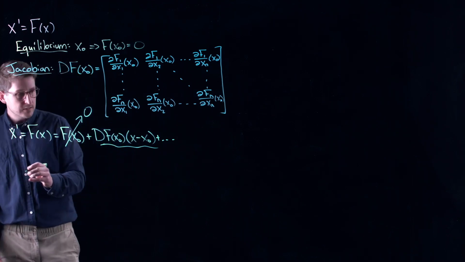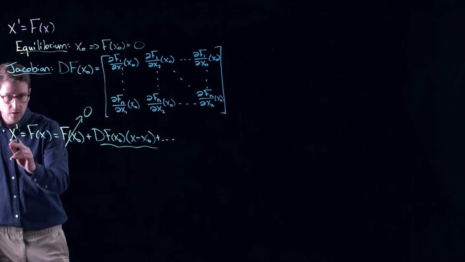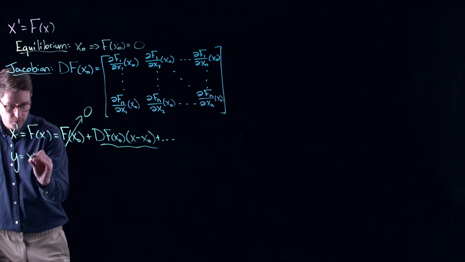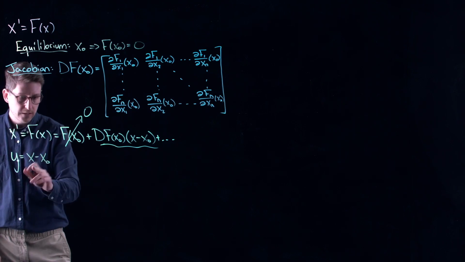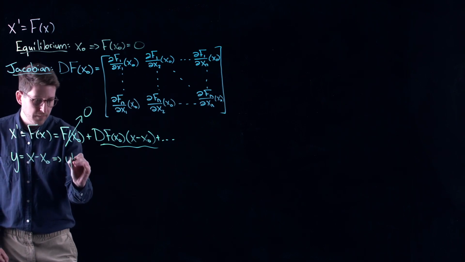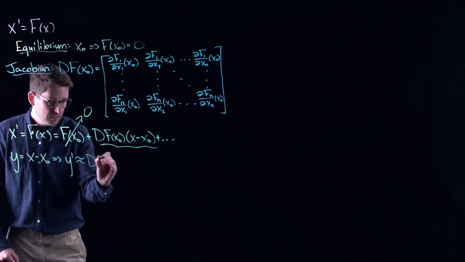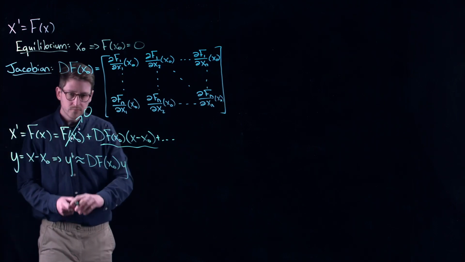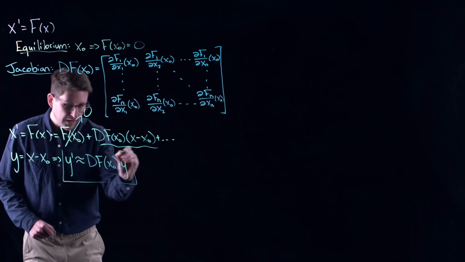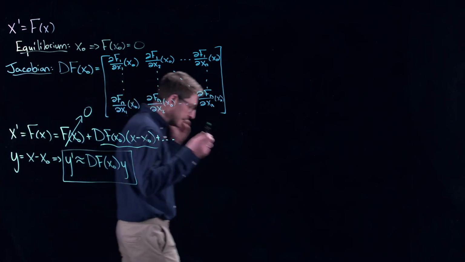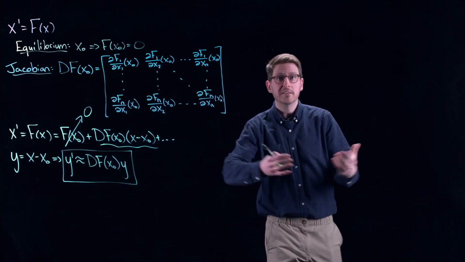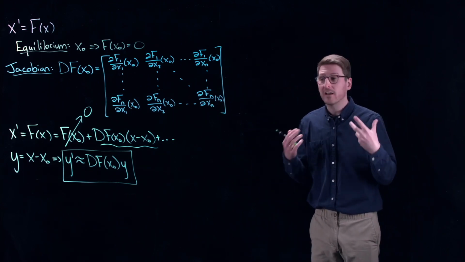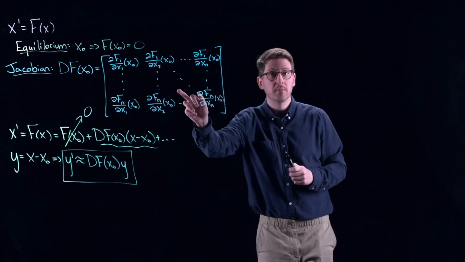If you'd like to write this in a nicer way, if you center yourself around x naught, this gives y prime is approximately this matrix times y. That right there is a linear dynamical system. We've already seen that it's entirely determined by the eigenvalues and eigenvectors of the Jacobian matrix.